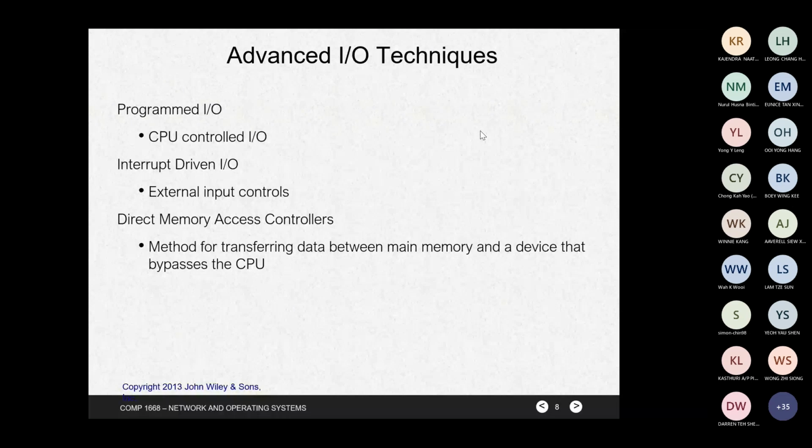Remember, I told you earlier, when it comes to different components, there are different controllers. For the CPU, we have the control unit, and for input and output, we have interrupt driven I/O, and for the memory, we have what we call direct memory access controllers. So we need controllers everywhere.